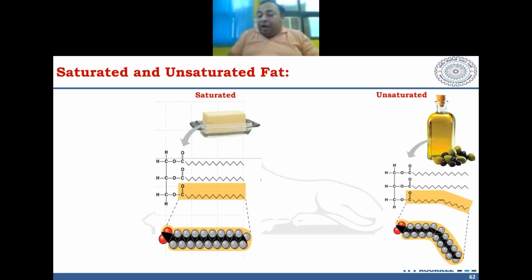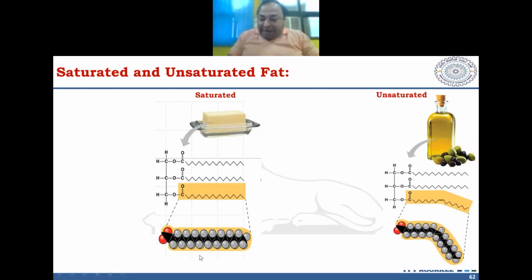Because of the presence of this double bond, they have a kink. When there is a double bond, the groups could stay on the same side, which is called cis conformation, or on opposite sides, which is called trans conformation. You will see the kink because it is on the same side, meaning it is in the cis conformation. Because of that, this is not developing a regular shape.